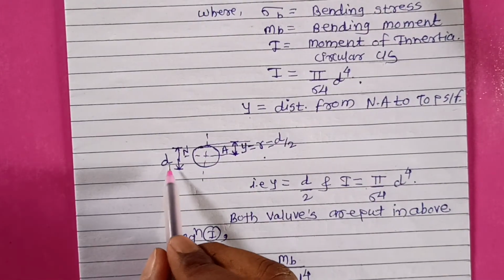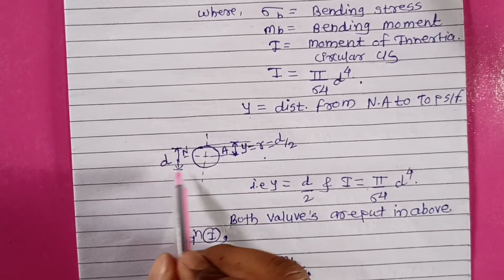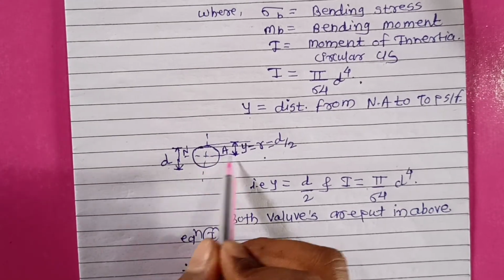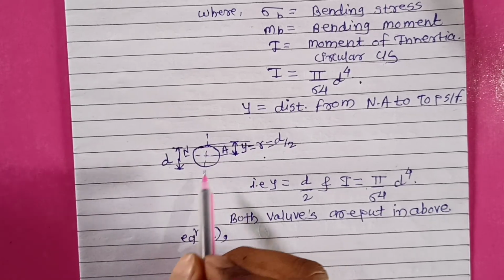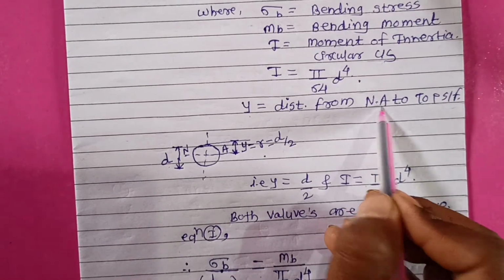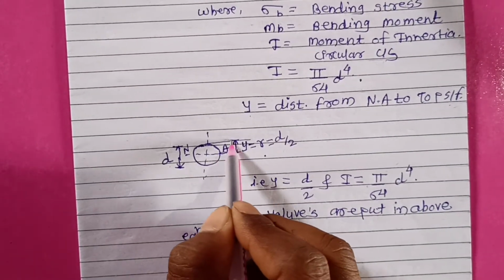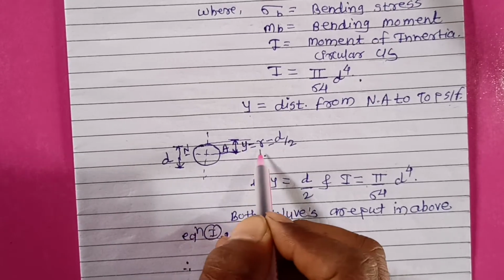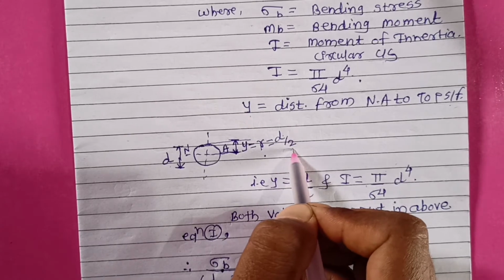Now see here, I am taking one cross sectional area. The shaft is here, having diameter small d. Now the horizontal axis is nothing but the neutral axis, and this is the vertical axis. Now y is nothing but the distance from the neutral axis to the top fiber, and this distance is nothing but the radius, and the radius is nothing but d by 2.